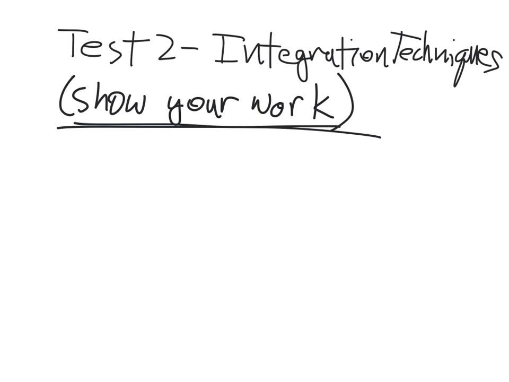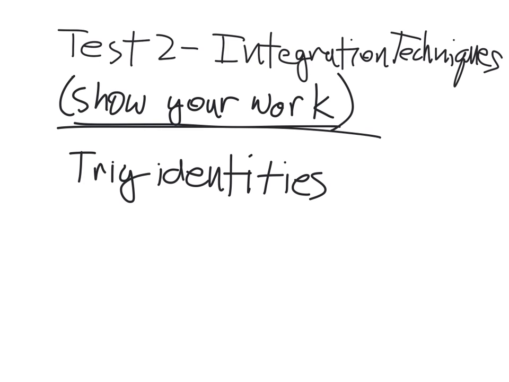So, but the ones there, trig identities, and that's more the cosine and sine, cosine squared, sine squared, how they translate, tangent squared and secant squared.